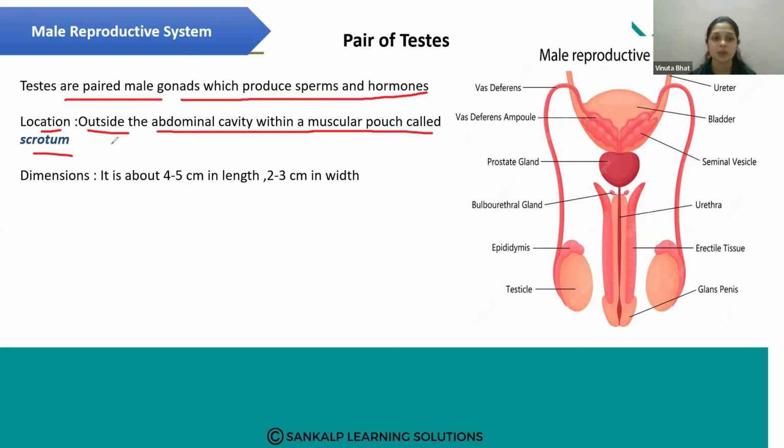Why are they located just outside the abdominal cavity, in the scrotum? Because sperm formation requires a lower temperature than our body temperature, about 2 to 2.5 degrees less. That is the reason the testes are located outside the abdominal cavity.